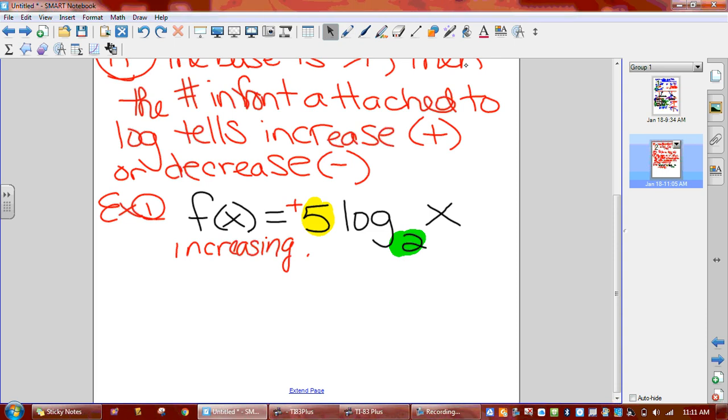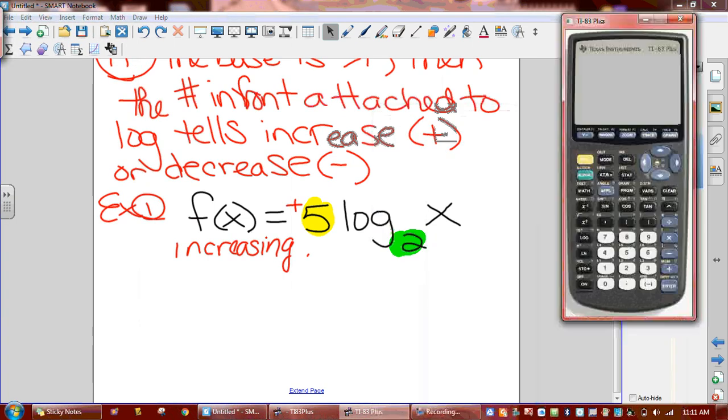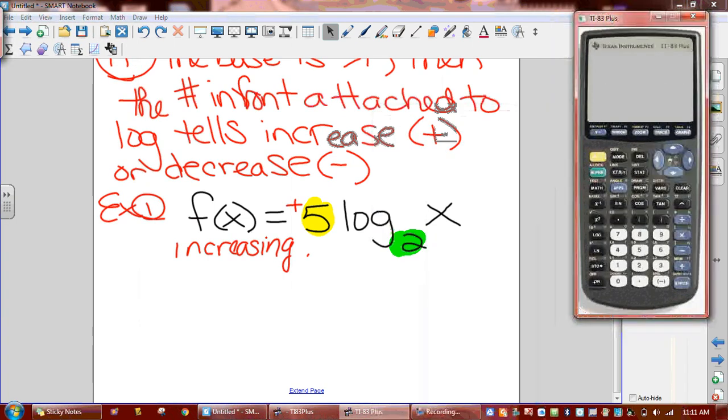Okay. So, we're going to go into our calculators, and we're actually going to graph it. So grab your handy-dandy calculator. We're going to turn it on, go to y equals, clear it out. Now we're going to put in 5 log. Okay, hang on. I don't have log base on my calculator, so we have to remember how to put them in.